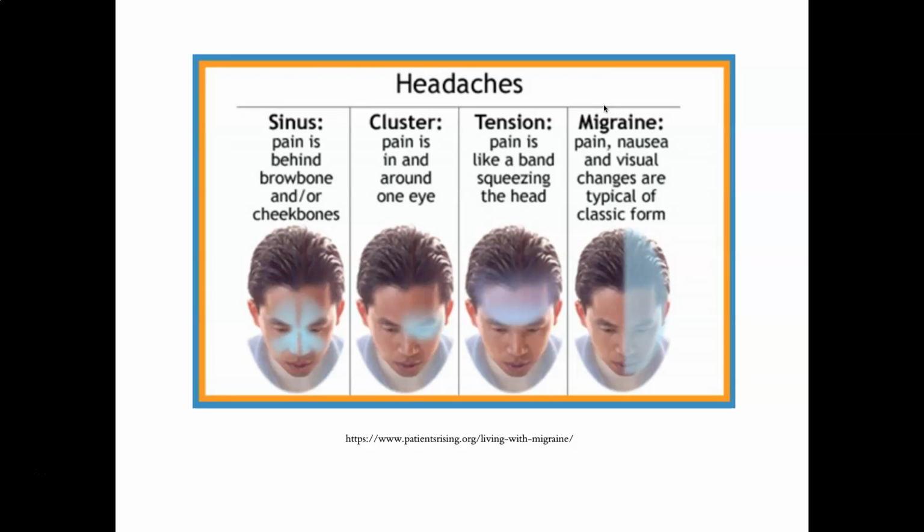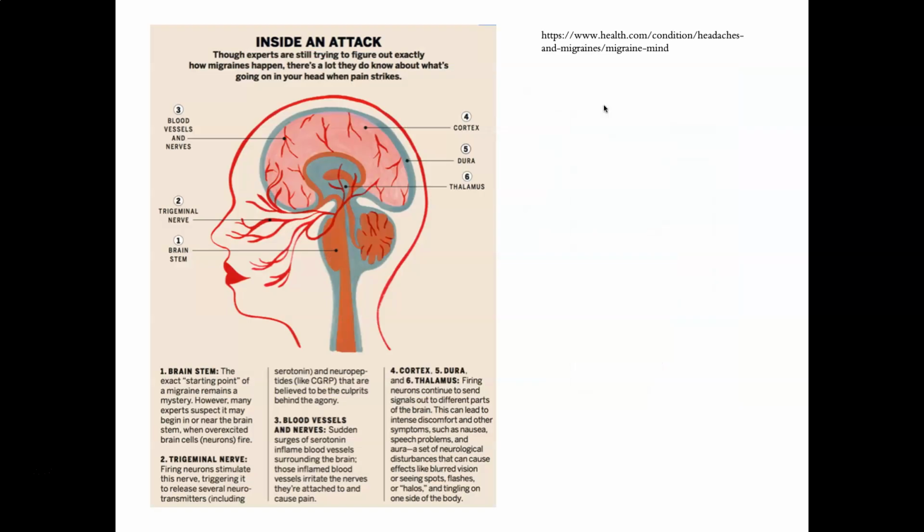Cluster headaches are in and around one eye. Tension headaches feel like a band squeezing around the head. And migraines are where patients experience pain, nausea, visual changes. They're nasty, nasty pieces of work, shall we say, those migraine headaches.